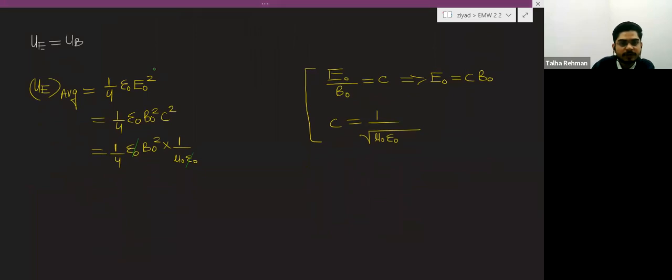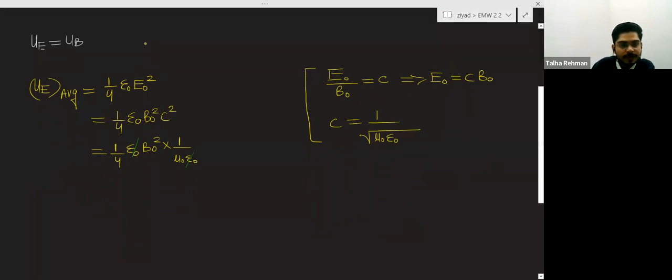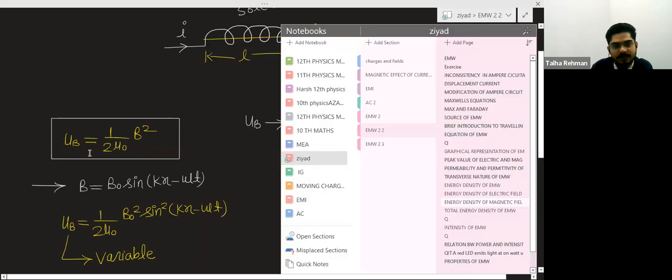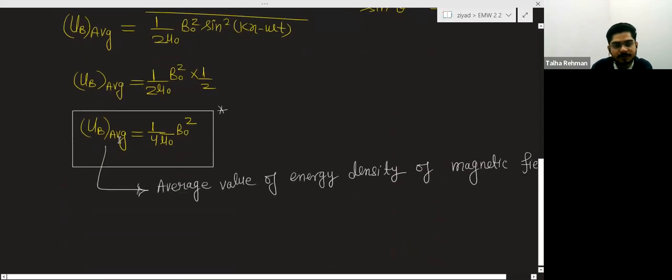So what you will get? You will get B naught square upon 4 mu naught. Now you can see here, this is the energy density of the magnetic field.